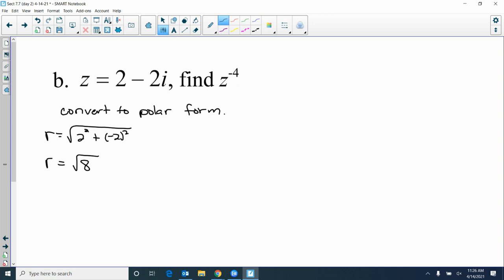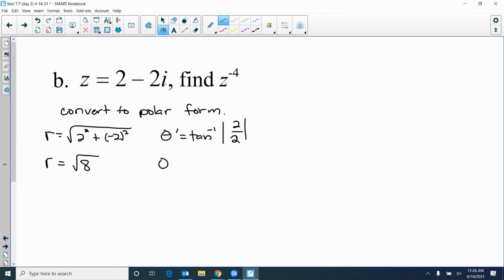Okay, what quadrant is 2 minus 2i? It's in quadrant 4. So you got to know where our final direction is going to be. So this is our reference angle, inverse tangent, absolute value of 2 over 2, which just reduces to what? 1. So if you do the inverse tangent of that, you're going to get 45.